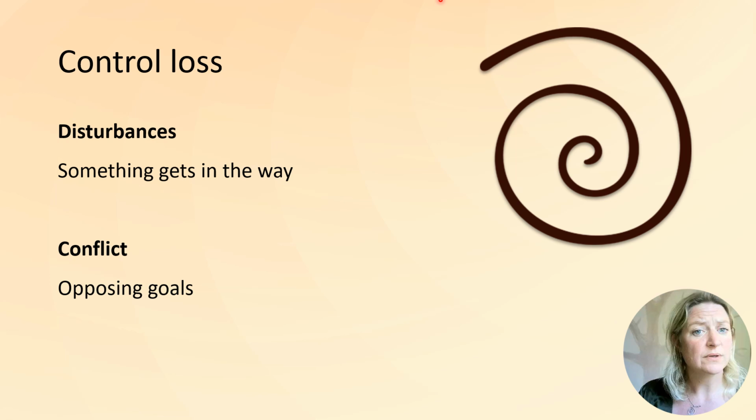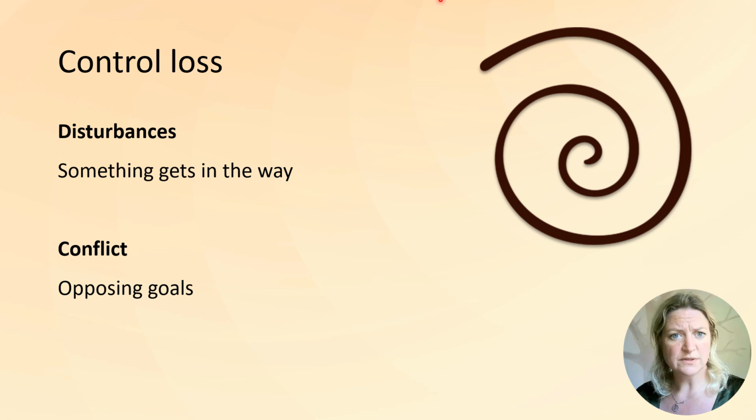Control is most obvious when you lose it. One way to lose control is disturbances. At this moment you saw me talking, but you didn't hear what I was saying.